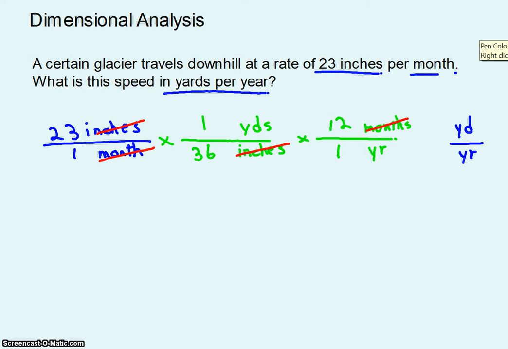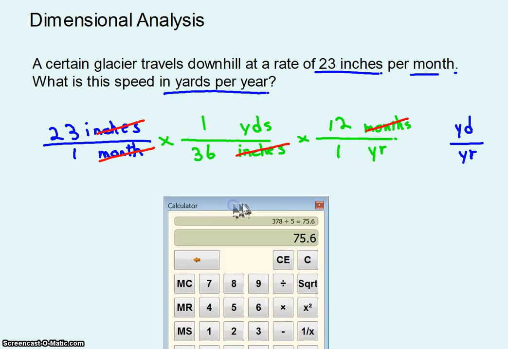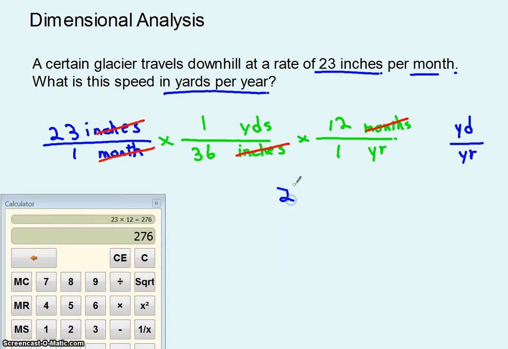So now I'll simply multiply all these numbers together. 23 times 1 times 12. 23 times 12 equals 276. And on the bottom, 1 times 36 times 1, that's 36.